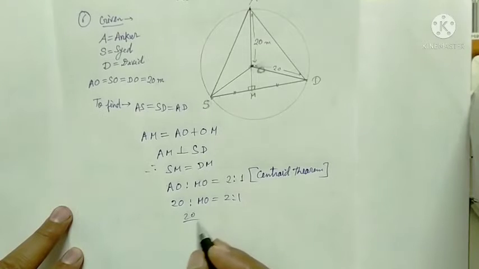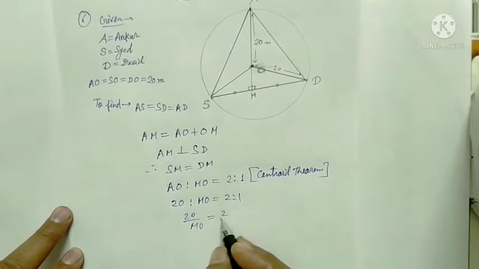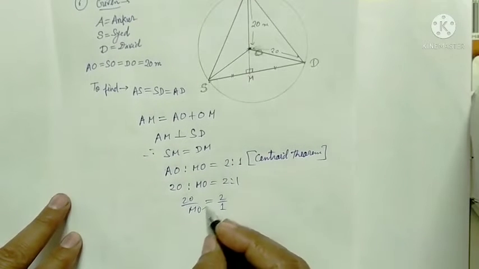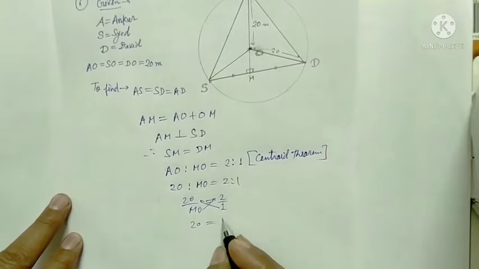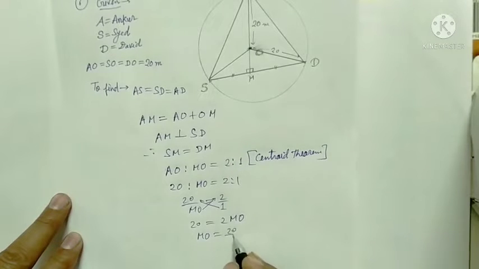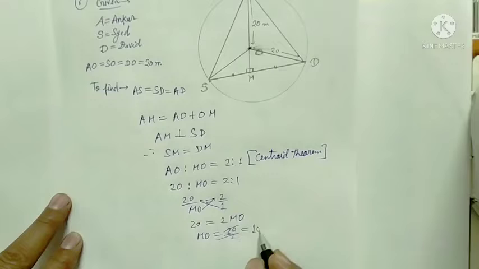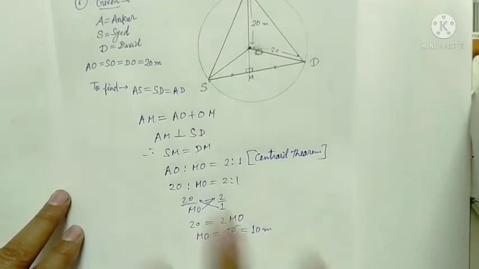Therefore 20 upon MO is equal to 2 upon 1. Now cross multiply, MO will go here and 1 is here. That is 20 is equal to twice MO, 2 will go down. So MO is equal to 20 upon 2, that is 10 meter. You got MO as 10 meter.